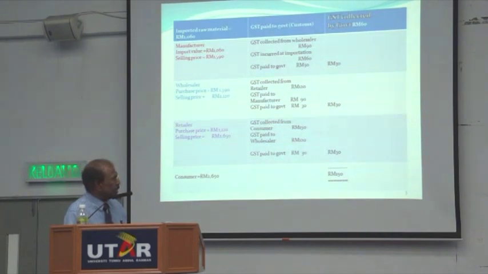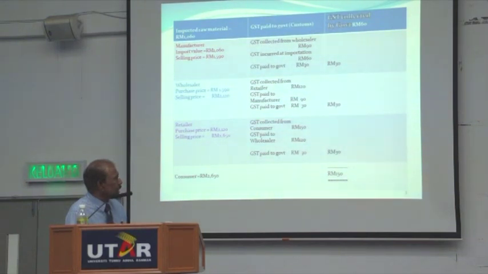The manufacturer adds on his cost and profit element and sells it for $1,500. So he has to incorporate the GST as paid and incorporate the output tax into his selling price. So you see, the 1,060 now becomes 1,590.